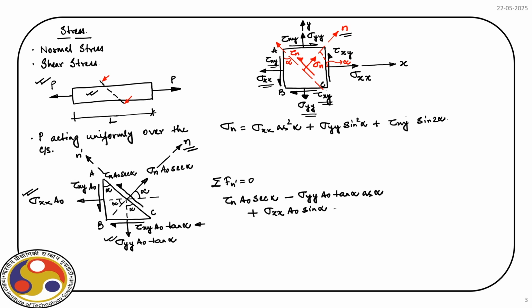So, we have tau xy a naught tan alpha, and a component of that is acting along n prime direction. So, we have tau xy a naught tan alpha, and its component will be sin alpha. The last one is again tau xy a naught, and this is cos alpha, and because it is acting in the negative direction, we put negative sign.